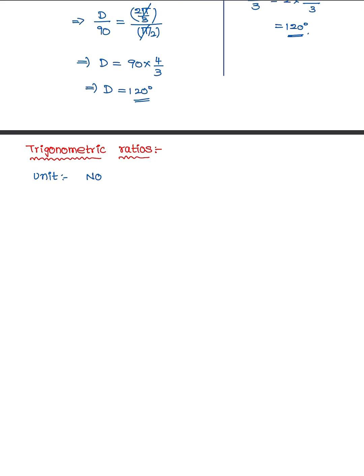In a right angle triangle, suppose I am taking ABC as a right angle triangle, right angled at B. The remaining two angles, A and C, we can call the angle of measurement. Suppose I am taking C as the angle of measurement.